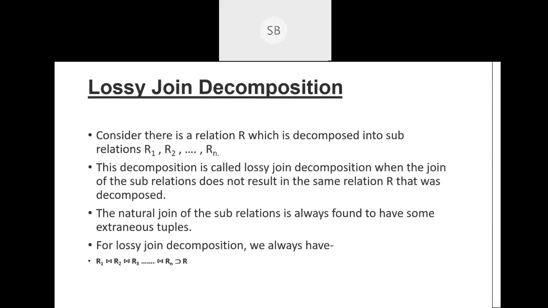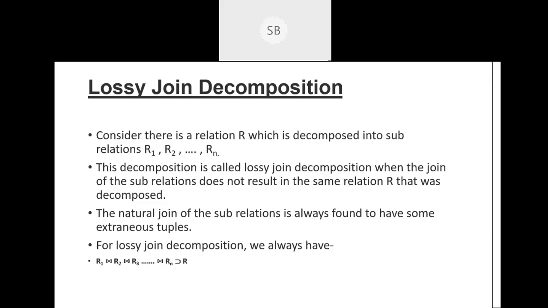So in lossy join decomposition, after you join, you will always get some extra tuples. By gaining extra tuples, you may have the idea that no information is lost, but we are gaining information. But it is not. We are getting redundant data, extra data that is not required. So that means it is lossy. That means some information is being lost.